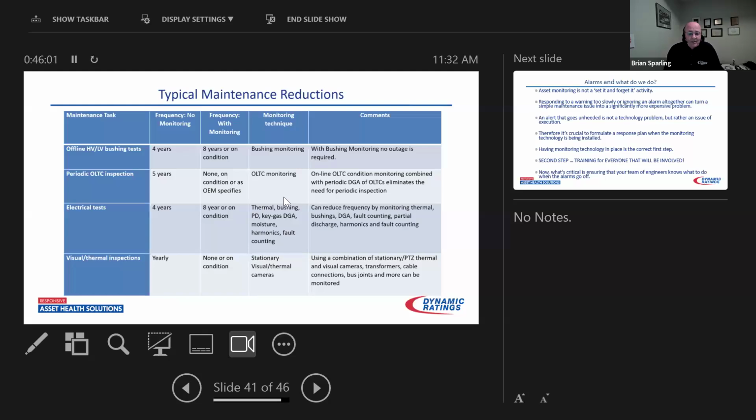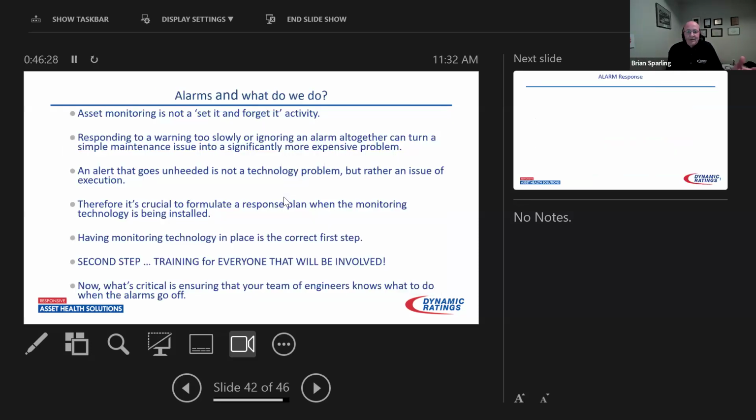And the visual and thermal inspections, yearly or none or on condition, but also some utilities have put stationary visual and thermal cameras in their substations to periodically scan for security reasons, but also inside those cameras, there are thermal images where they can scan the substation and look for bad connections on bus work and on the transformer itself. So these are some of the things that can happen.